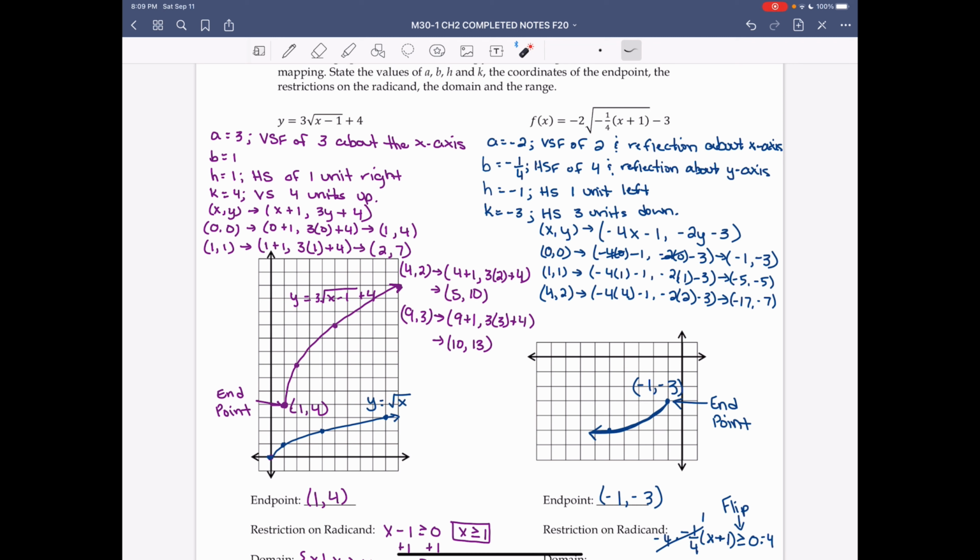And in the second graph, we have a negative b value and h equals -1, so the domain is x less than or equal to -1. And for range, we have a negative a value and k is -3, so the range is y less than or equal to -3.